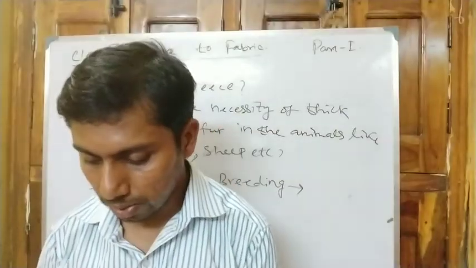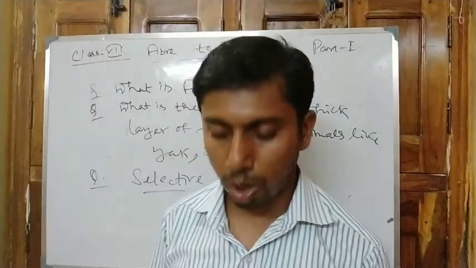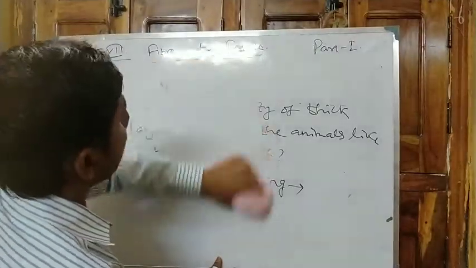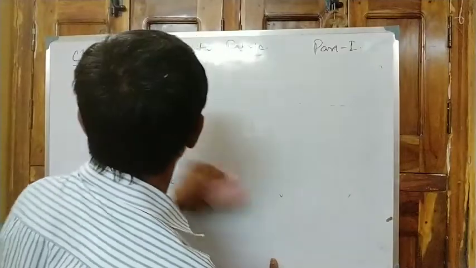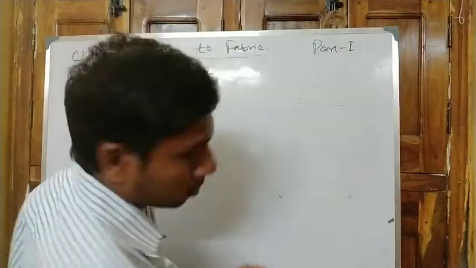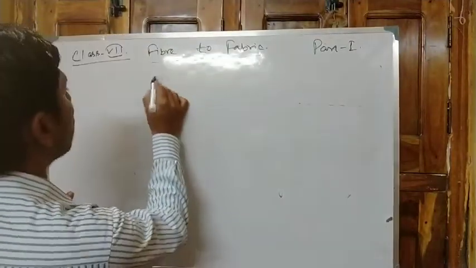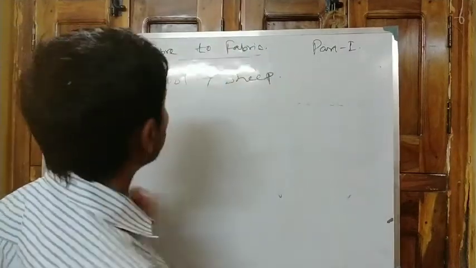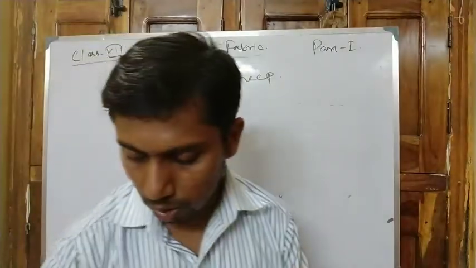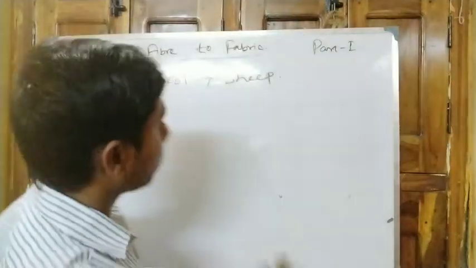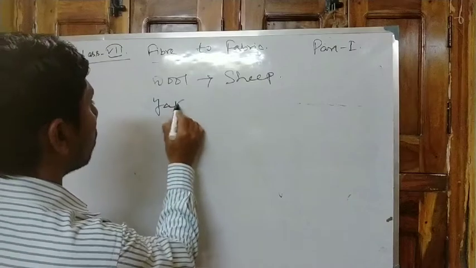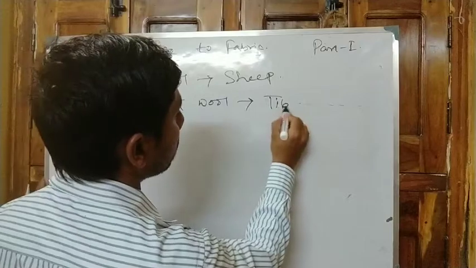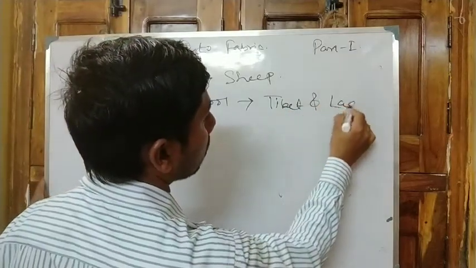Next one, the different sources of animal fur. We should know them by name. Maximum wool we get from sheep. It is found all over India. Next one, yak. Yak wool is found in Tibet and Ladakh.